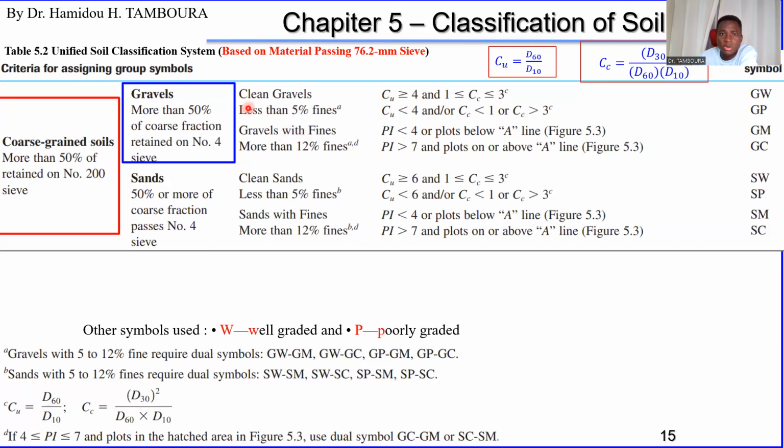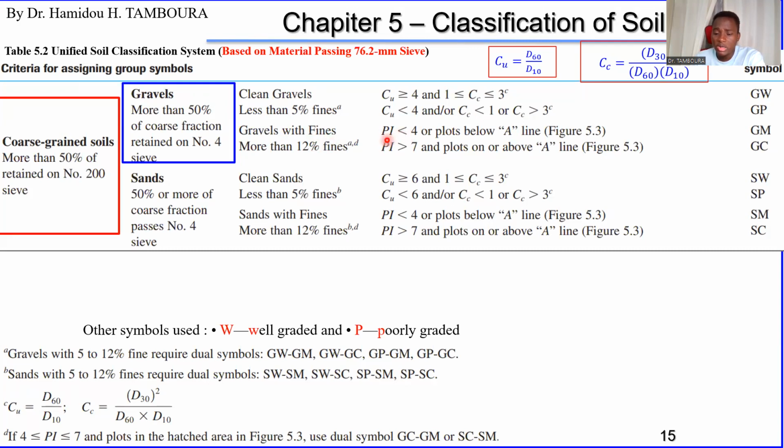Here we talk about gravel, but not clean gravel. Now gravel with some fines. If there are some fines, clay or silt, in the gravel, you need to measure the amount. If it is more than 12%, then it means the amount of the fines is not negligible.